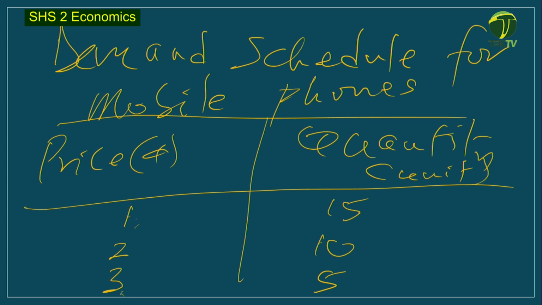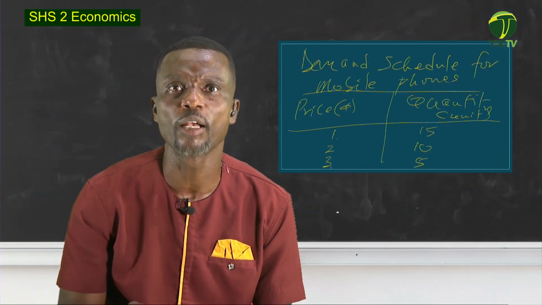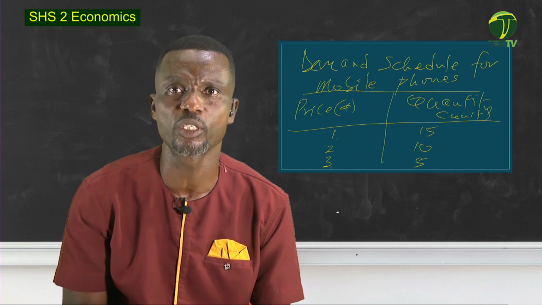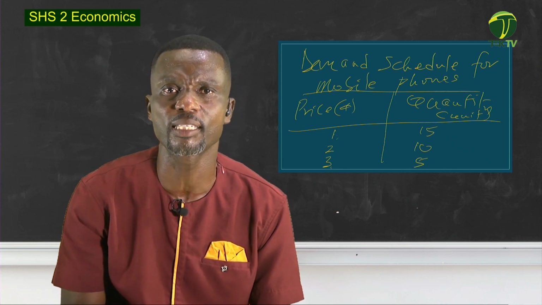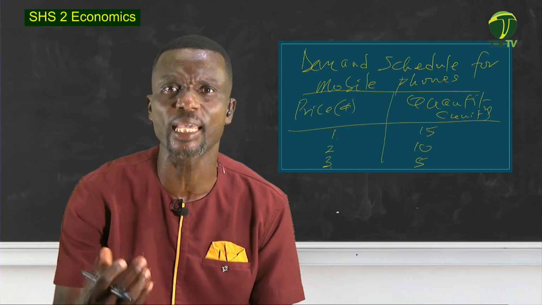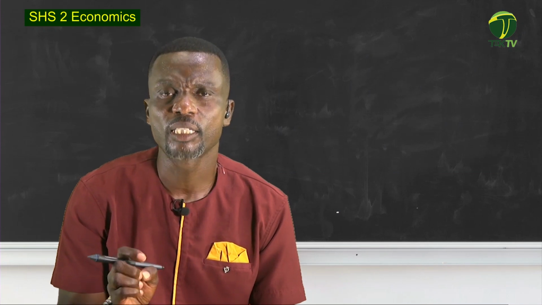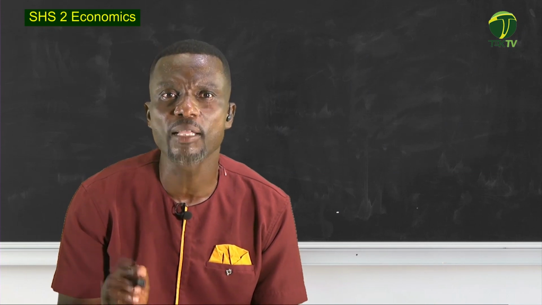I hope by now you have followed me and you should be able to do one for yourself. So in your homes, before we meet again for the next lesson, I want you to write this question down and try it. Draw a demand table for exercise books.